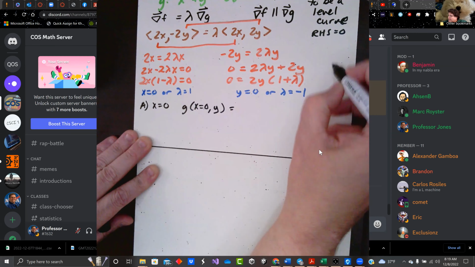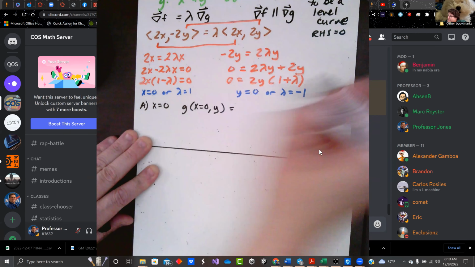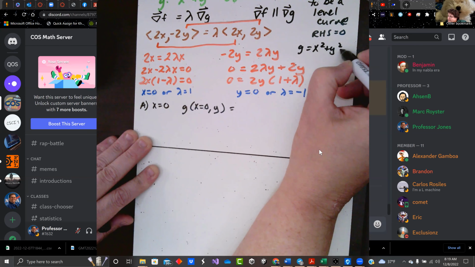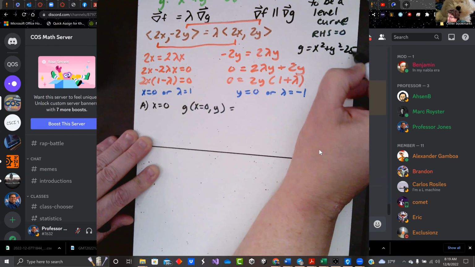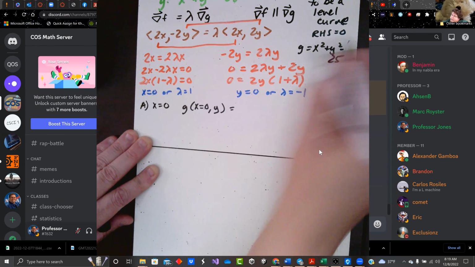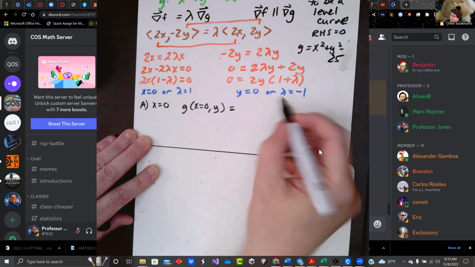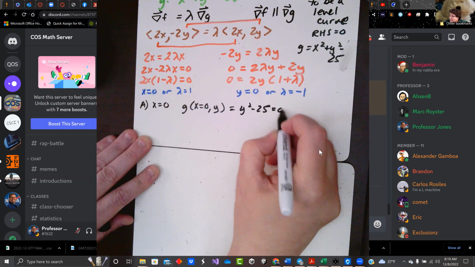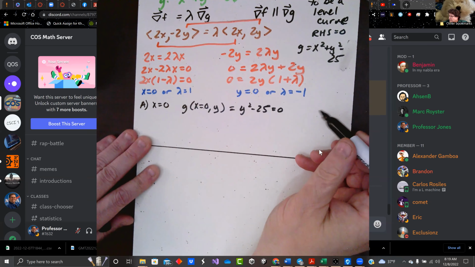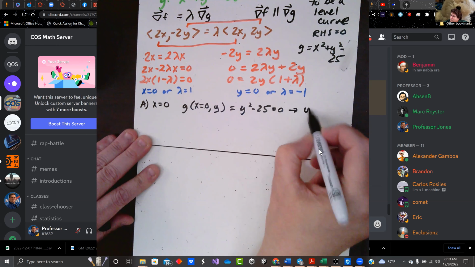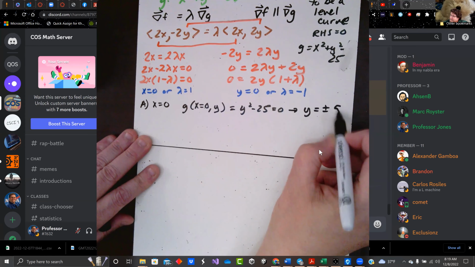Recall g was x squared plus y squared minus 25 equals 0. So if I plug in 0, I've got y squared minus 25 equals 0, which means y is going to equal plus or minus 5 if I solve it.